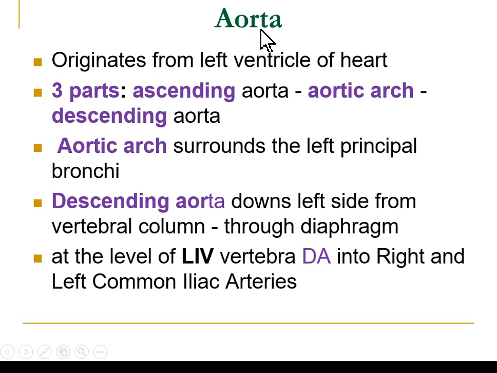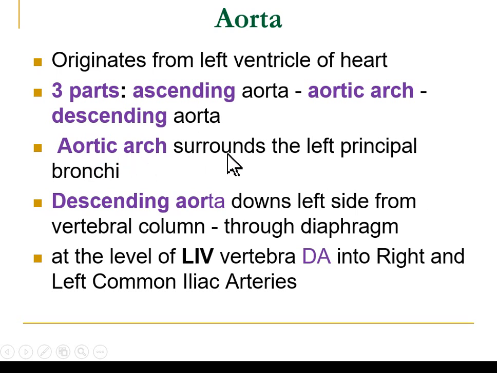The aorta is the biggest artery of the human body. It originates from the left ventricle of the heart and has three parts by topographic position: ascending aorta, aortic arch, and descending aorta.